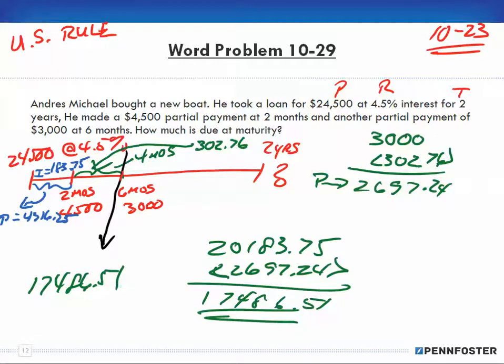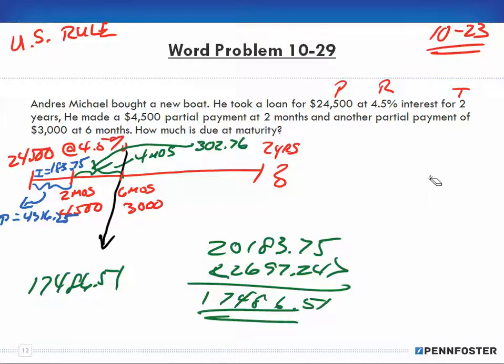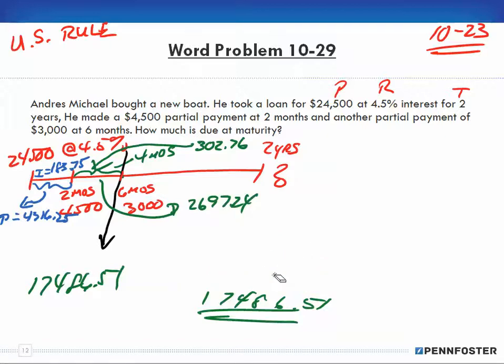Let me erase all of that. I do want to record that the principal here is $2,697.24. So now I have a new balance at the 6 month mark.